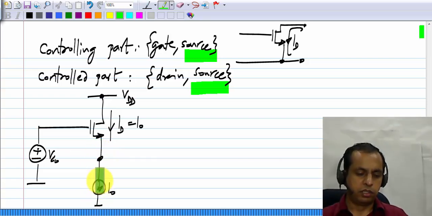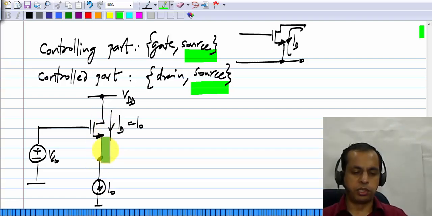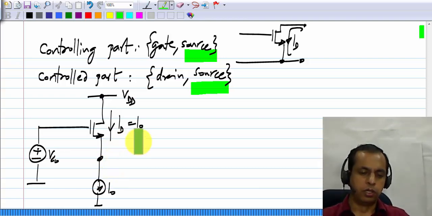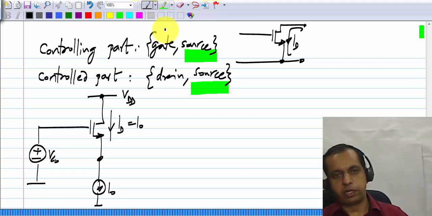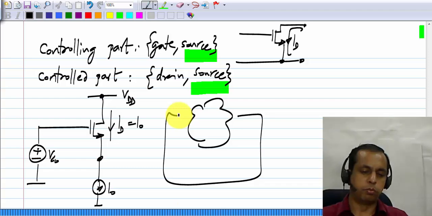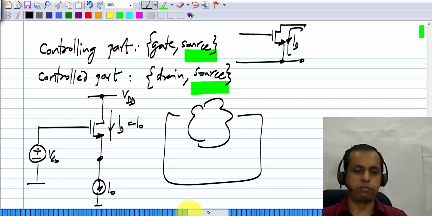That is, you connect the current source to the source terminal, and depending on the current difference, the source terminal goes up or down, and that action, the source voltage going up or down, will change the VGS and consequently change the current. So there is feedback in this simple circuit as well, although normally for feedback you assume that there is some circuit and there has to be a wire coming from the output to the input. That's our usual notion of feedback.